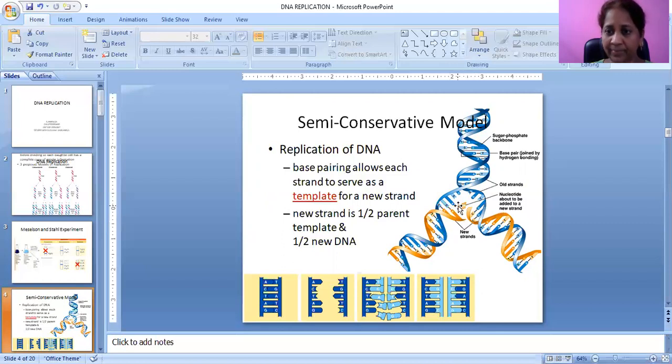Afterwards, each strand acts as a template, and the complement formed is the daughter strand.